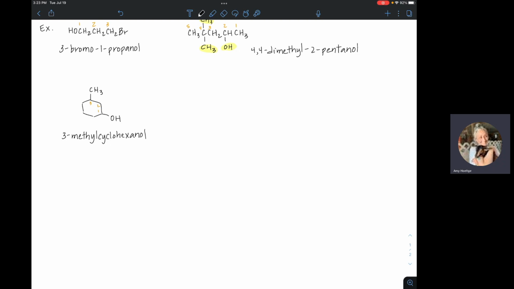But we're not going to put a hyphen between methyl and cyclohexanol, okay? So it's 3-methyl cyclohexanol. Let's see. If you have more than one substituent, then your substituents are going to be named in alphabetical order. And so that's kind of like the same thing we've been doing with our alkanes, right? So you could have something like this.